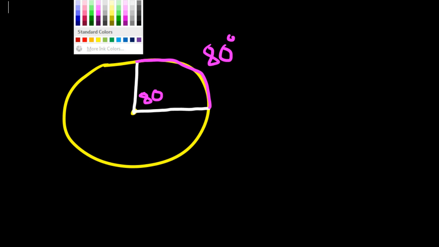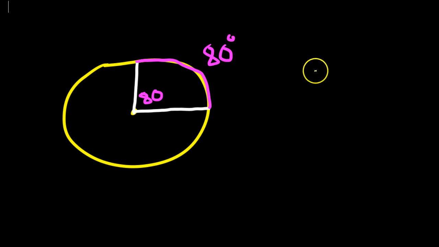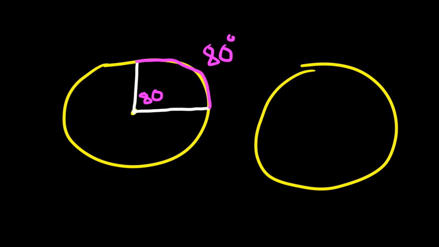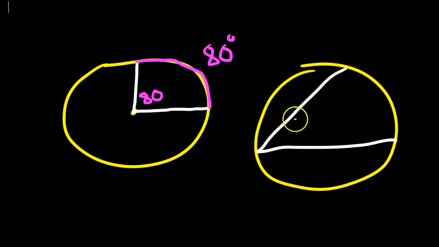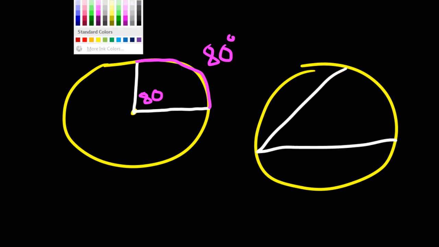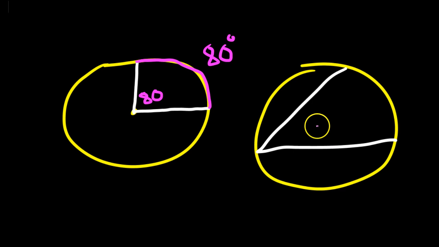On the other hand, there's such a thing as an inscribed angle. An inscribed angle is an angle whose vertex is on the circle itself. So this is an inscribed angle.